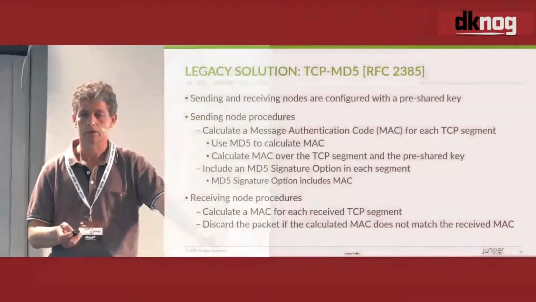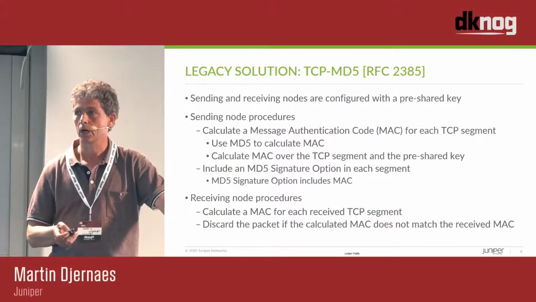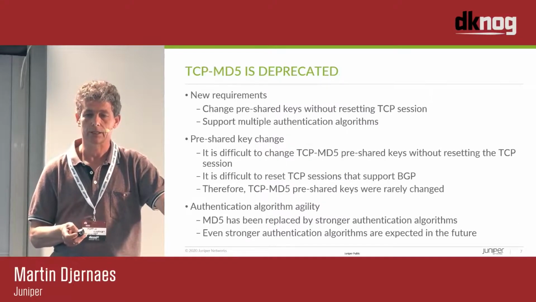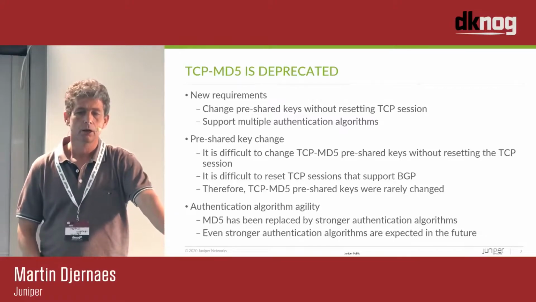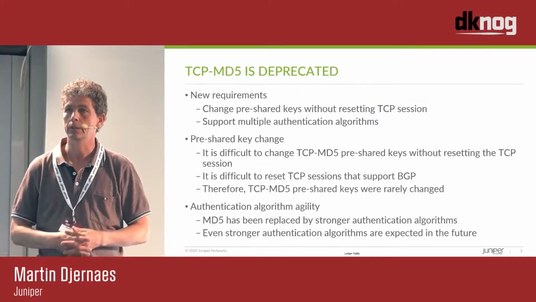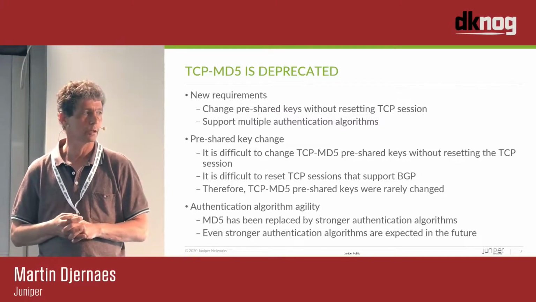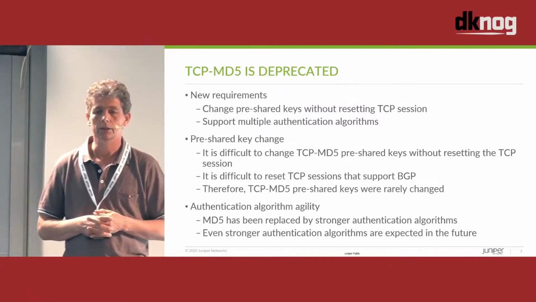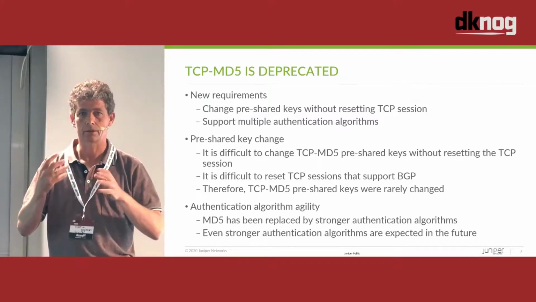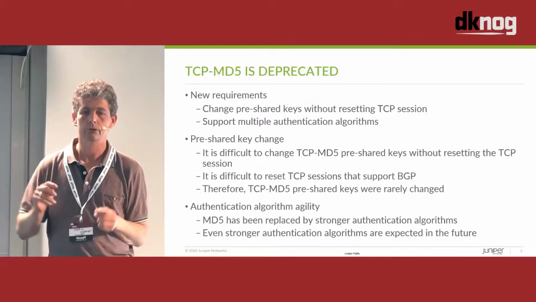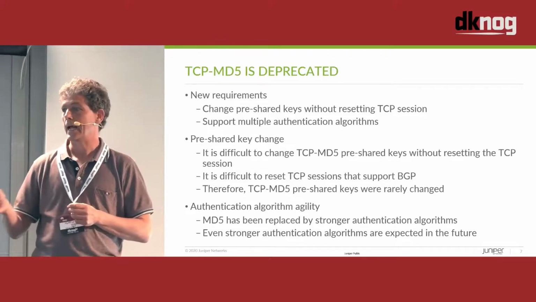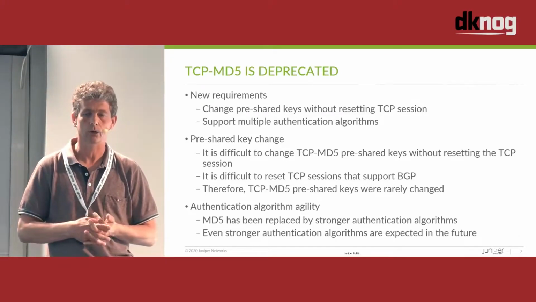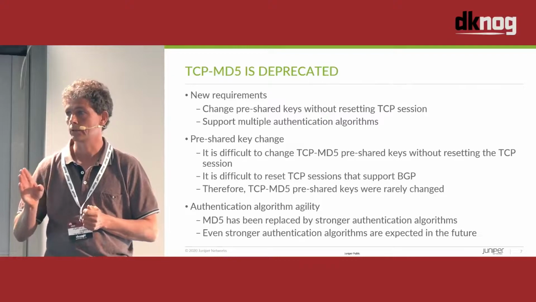It works, as I said, but the problem here is MD5 is old, not trustworthy, and we can't change the password. So the new requirement is we need to be able to do key rollovers. Another thing we strongly believe in is that we need to be able to implement this new option, the TCP authentication option, in a way that we can add any algorithm later without changing the protocol.